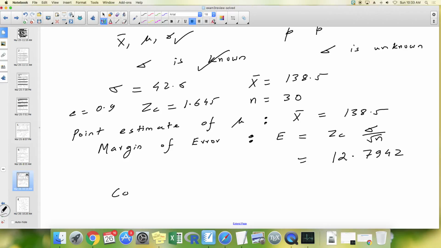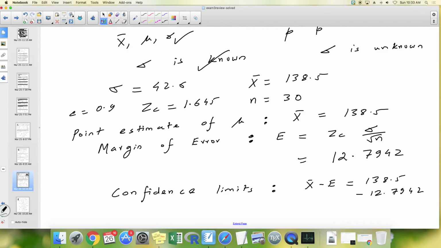So the confidence limits are obviously x bar minus e, which is the lower limit, which is 138.5 minus 12.7942, which you can find as 125.7058, and the upper limit is x bar plus e, which shall be 151.2942, and that's it.